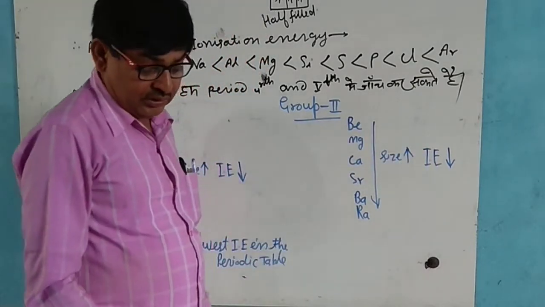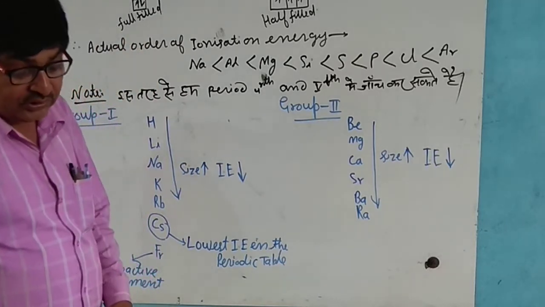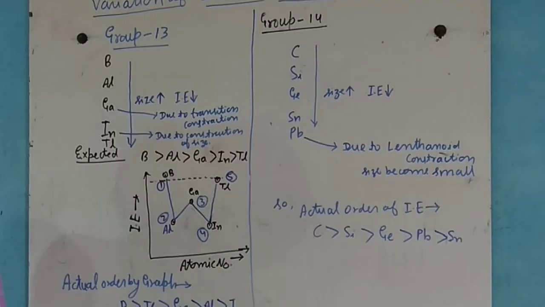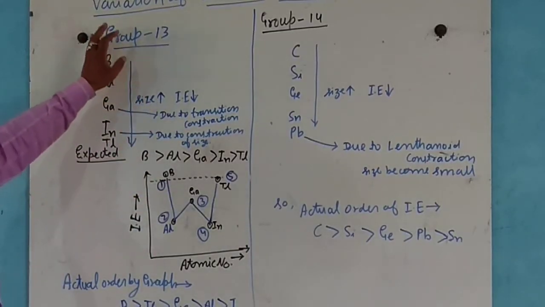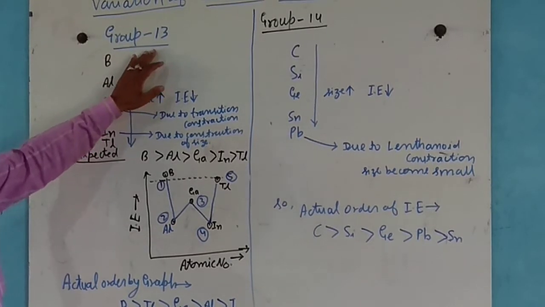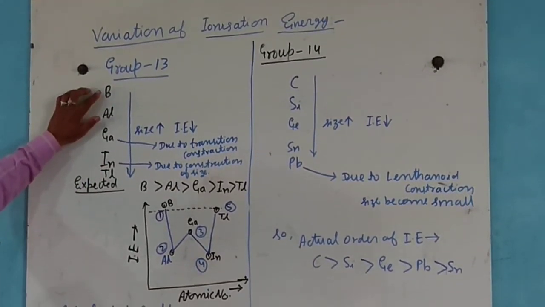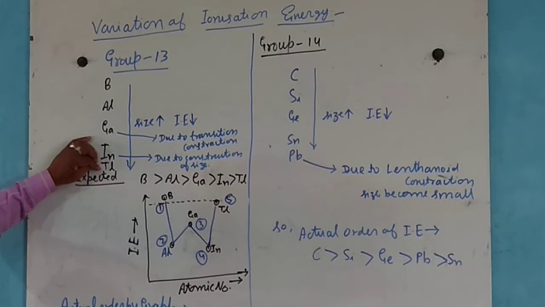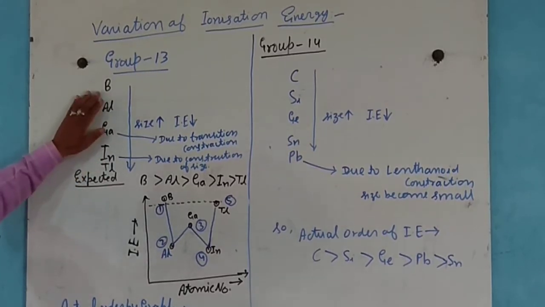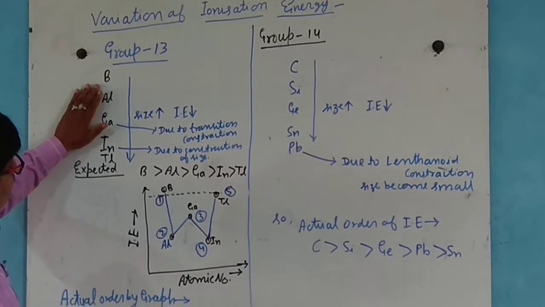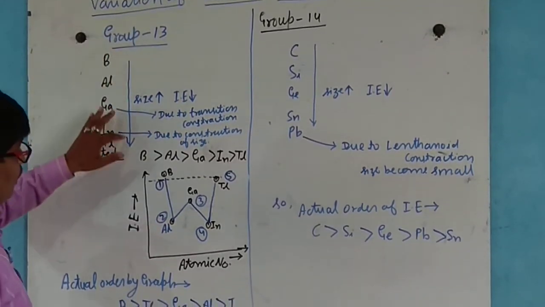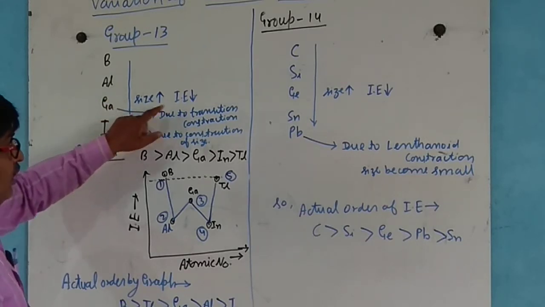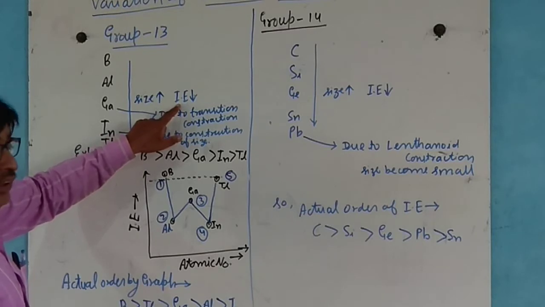Now we discuss group 13: boron, aluminium, gallium, indium and thallium. Here we know that in the group downward size increases, so ionization energy decreases.